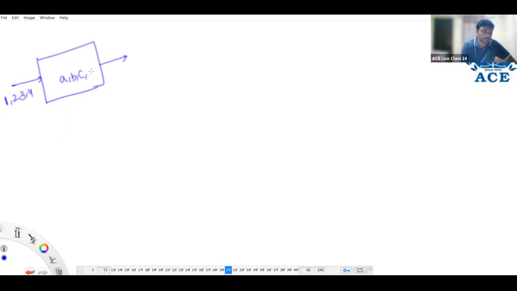What is the periodic convolution concept actually? Suppose our system is A, B, C, D. The input to any system is given as a block, that is called block processing. Assume first we applied 1, 2, 3, 4 and the system samples are A, B, C, D, due to which we got some output.